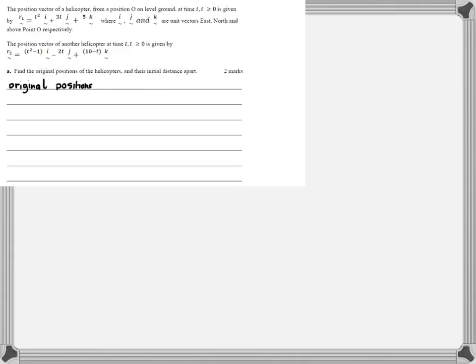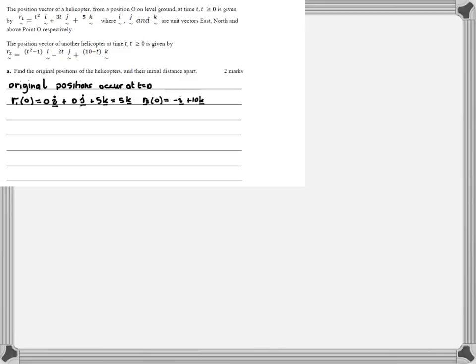Okay, now this is the last question. It's quite straightforward. Okay, the position vector of the helicopter from the origin on ground level at time t is given by this position vector, where i, j, and k are unit vectors east, north, and above point O respectively.